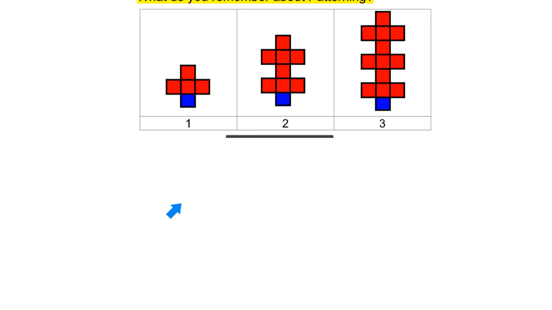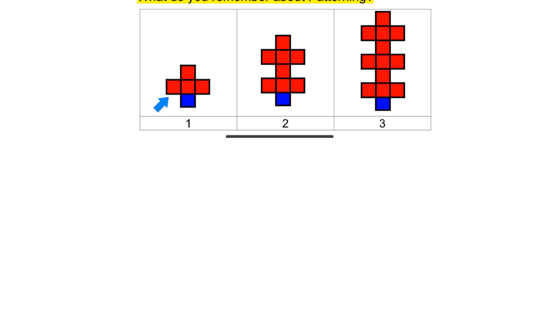In this example, we have two parts of the pattern. We have the term number that tells us what stage of the pattern we're at. So term 1, term 2, term 3. And then we have the value part of the pattern. This is how many tiles in this case.